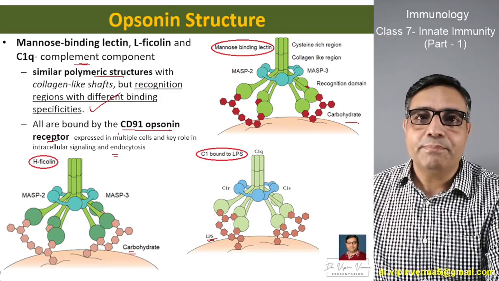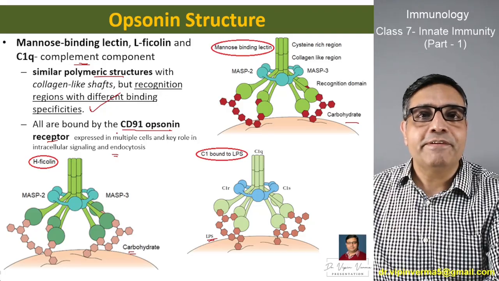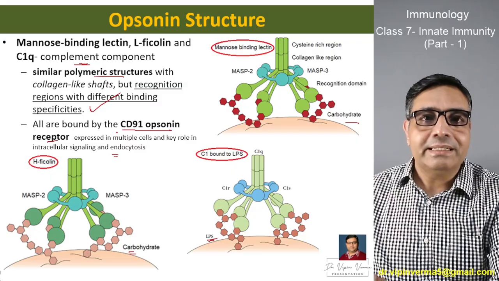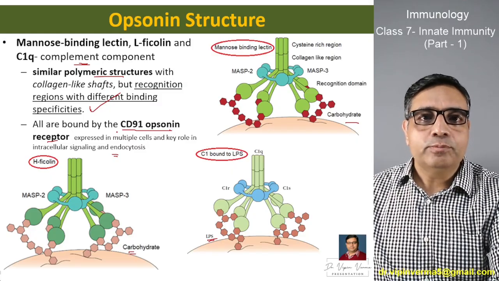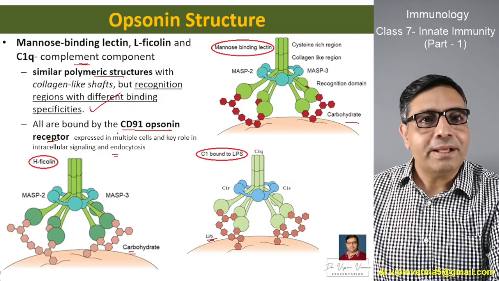So their role is very simple. There is a pathogen. The pathogen has certain specific proteins or carbohydrates on the surface. Opsonins are there in our body. These opsonins recognize those specific carbohydrates or proteins on the pathogen.